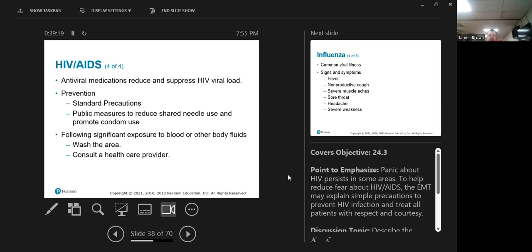Prevention: standard precautions, and public measures to reduce shared needle use and promote condom use. Following significant exposures to blood or any other body fluids, wash the area and consult a healthcare provider. If you do get a random needle poke and the patient does have known HIV, there are things they can do within the first few days.